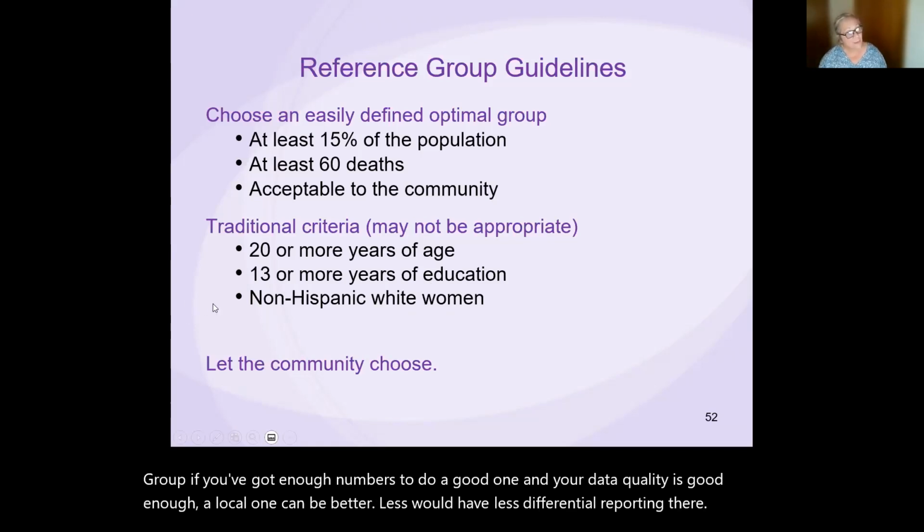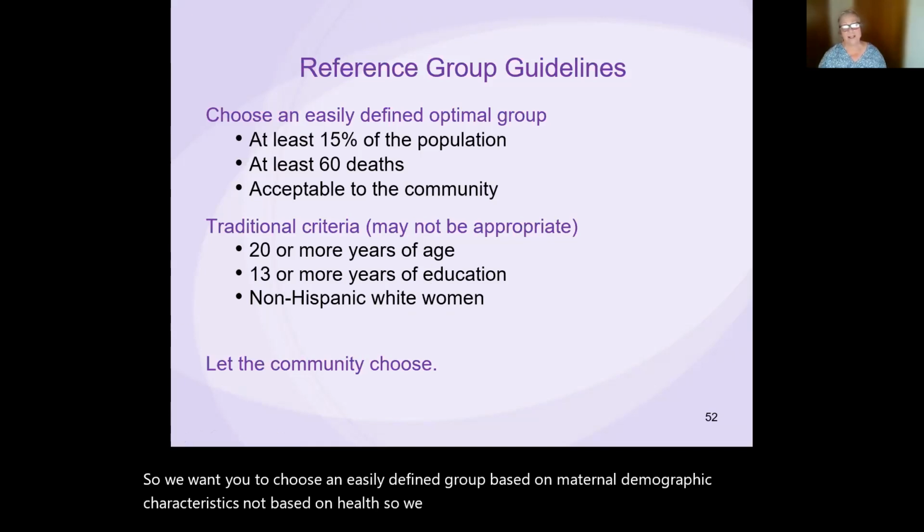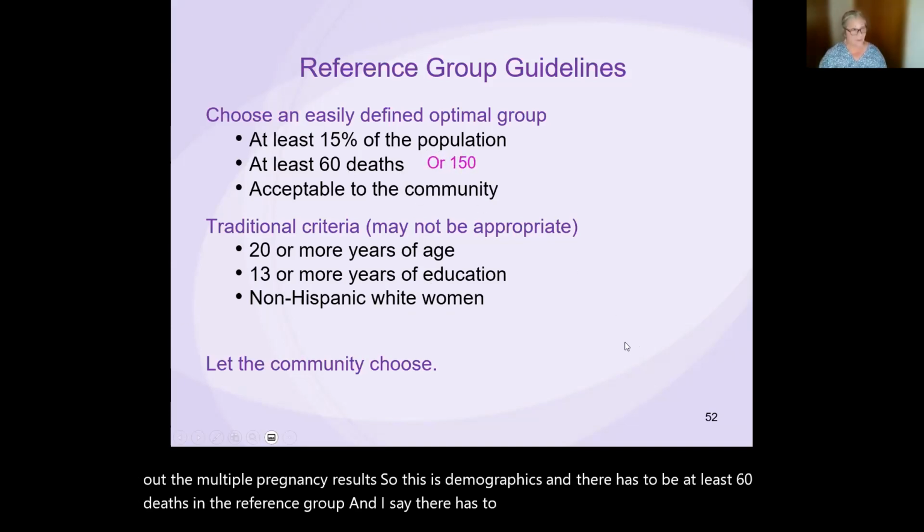So we want you to choose an easily defined group based on maternal demographic characteristics, not based on health. So we don't do things like take out the smokers or take out the multiple pregnancy results. So this is demographics, and there has to be at least 60 deaths in the reference group. And I say there has to be 150 deaths in the reference group.